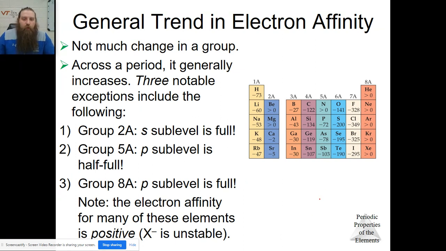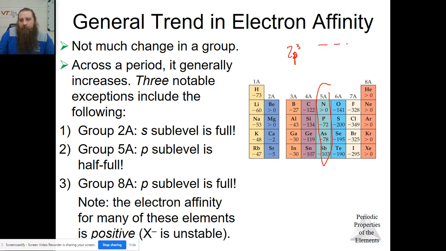So in group 2A, I have a full sublevel. So it's not going to trend up. This actually is an anomaly there. The group 5A p sublevel is half full. So that's the one we just looked at, right? Nitrogen is 2p, sorry, 3.